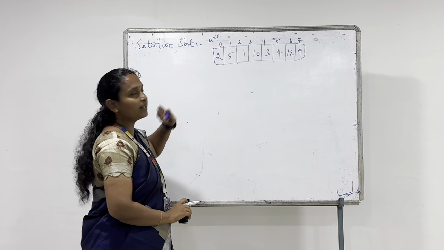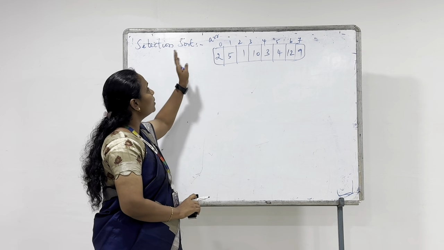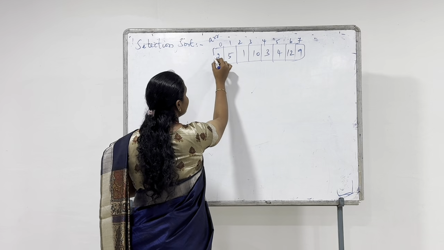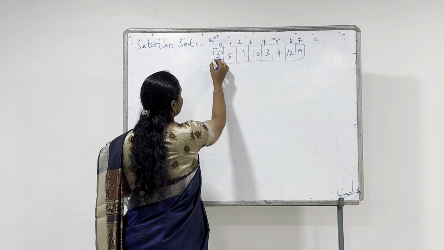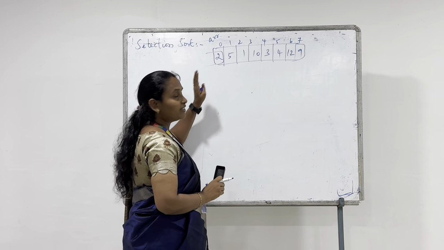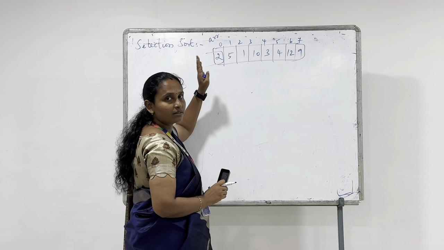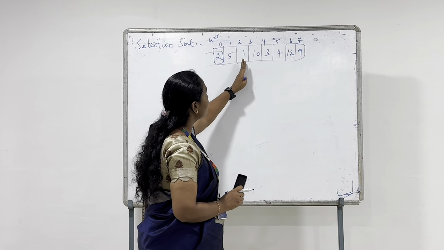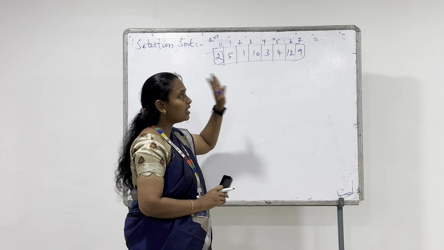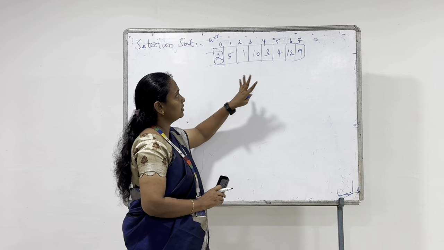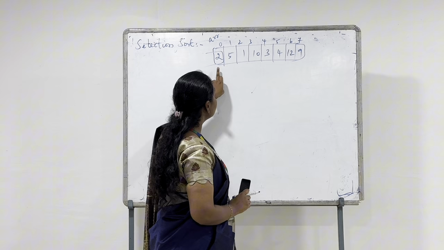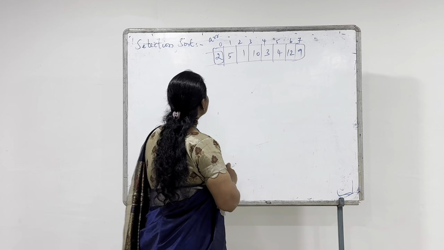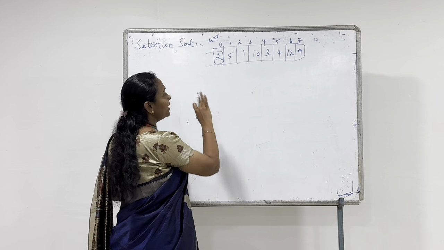This is the given array, and selection sort works by sorting the first element into its correct place. Selection sort works by fixing the first position with the correct value, then the second position, then the third position, and finally the last element is sorted last. The first element is sorted first, and the last element is sorted last. This is the main idea of selection sort.